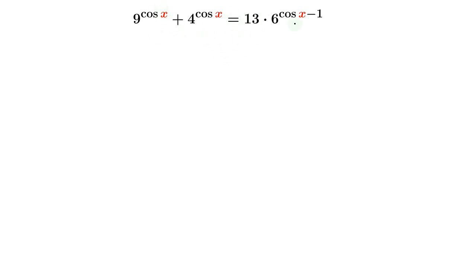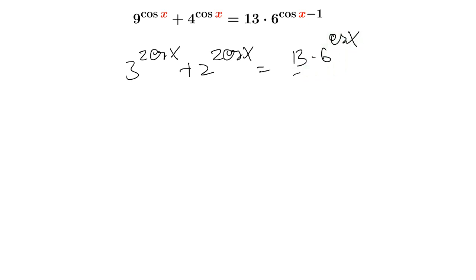Okay, so first of all I'm going to rewrite this one as 3 to the power of 2 cos x, and this one is 2 to the power of 2 cos x, and this equals 13 times 6 to the cos x, divided by 6.